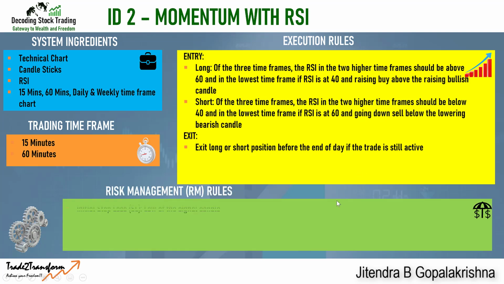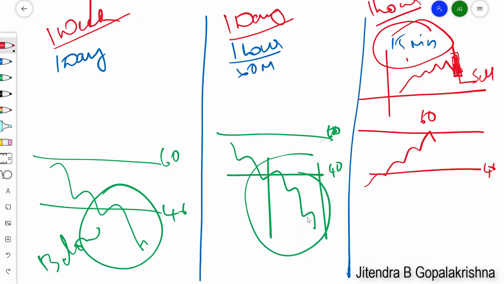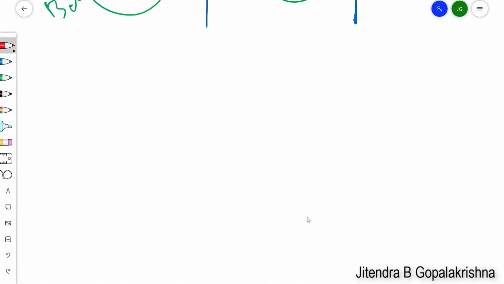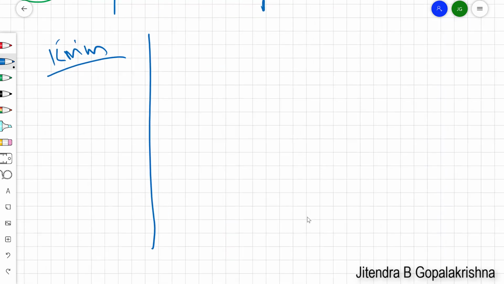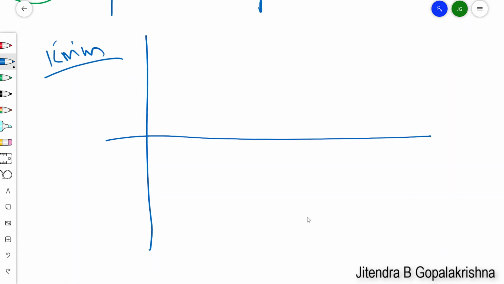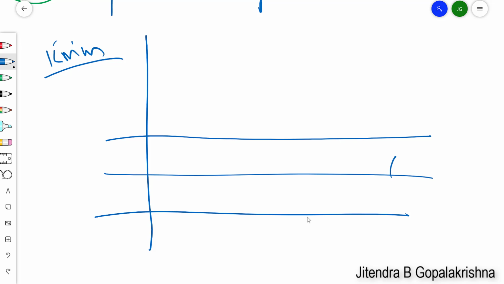And the risk management rules are: initial stop loss will be the low of the signal candle. So what is the signal candle? Let me explain that once again through the chart. Say in the 15 minutes time frame, you have the price here and the RSI here, with 60 and 40. For a long trade, the RSI has come down like this and is trying to go up.